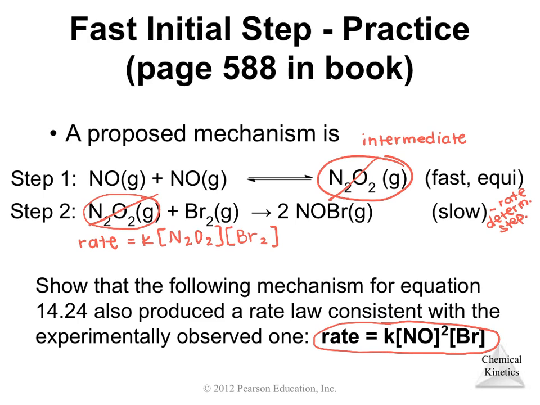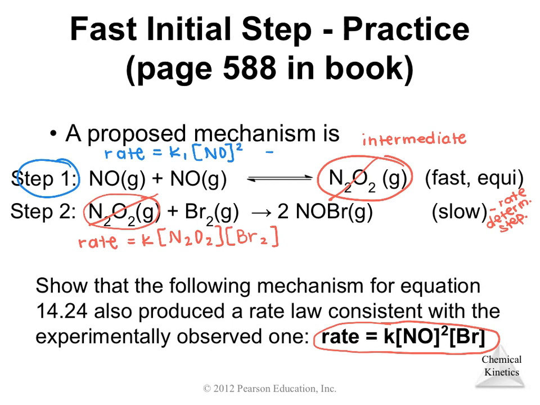So I'm going to write a rate law for the fast step, and I'm going to write the rate in the forward direction, and it's going to be equal to the rate in the reverse direction. So for step 1 in the forward direction, the rate is equal to my rate constant, and I'm going to give it a little subscript of 1 to show, okay, this is my step 1 rate constant, and then there are 2 NOs, so it's going to be NO squared.